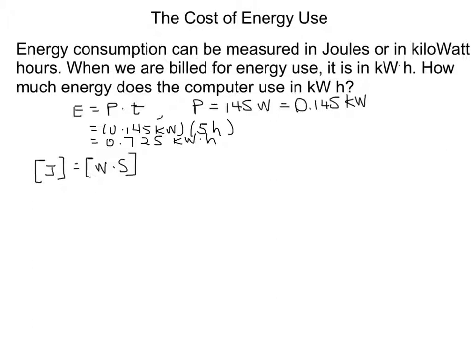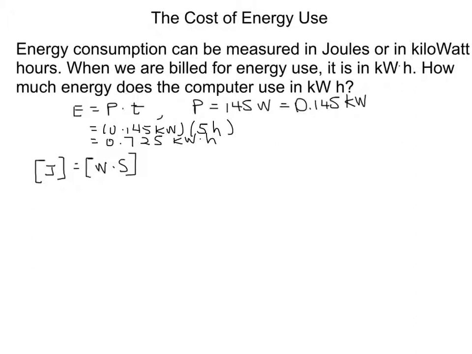Our joules, we were up in the millions, and here we're still looking at a decimal. So this seems a lot more manageable, and that's one of the reasons that we're billed in kilowatt hours. We get much more manageable numbers even for something that is of small use. So if your energy cost was even as high as 10 cents per kilowatt hour, well, this would only cost you then 7 cents.